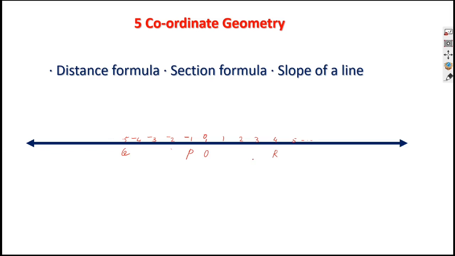For example, the coordinate of -1 is P here, the coordinate of 4 is R here.